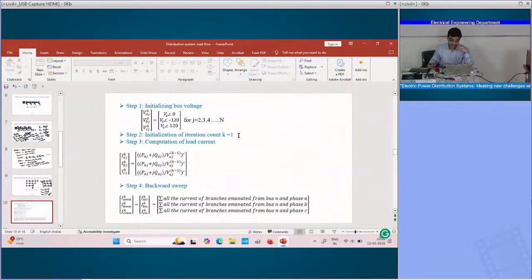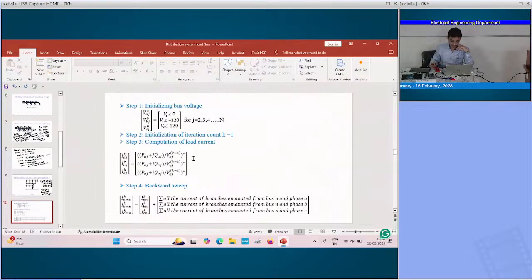Then we go for the load current calculation. Like earlier, we start our calculation from the nth node, and there also at the very beginning the voltage is supposed to be 1 per unit. Here also we consider the (k minus 1)th or 0th value. So this thing is known to us.